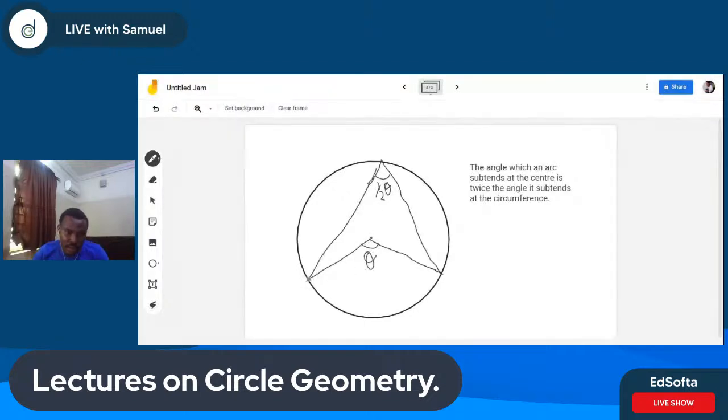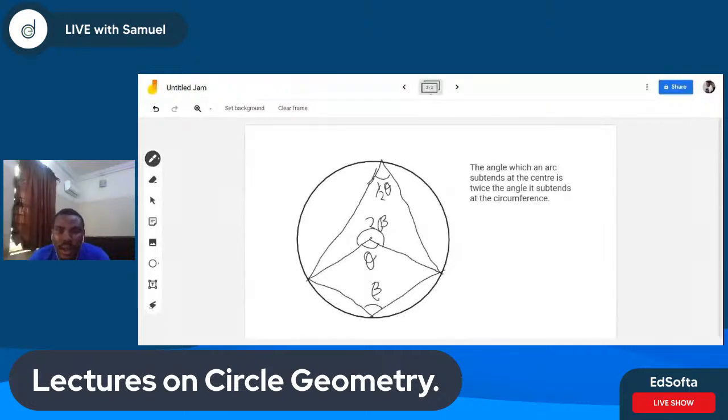Theta. And if this place was beta, then this place will be 2 beta.